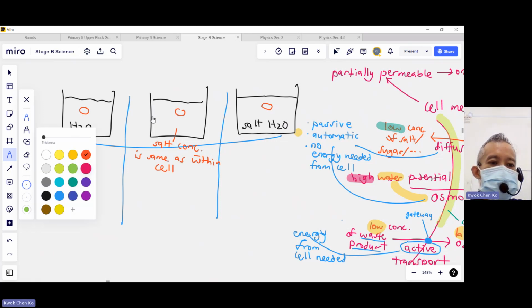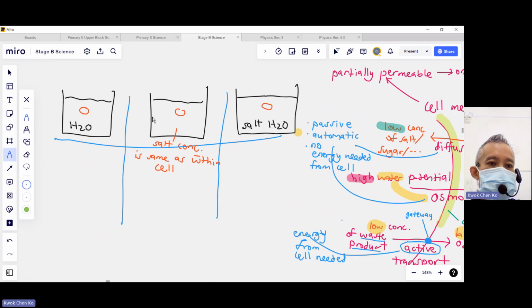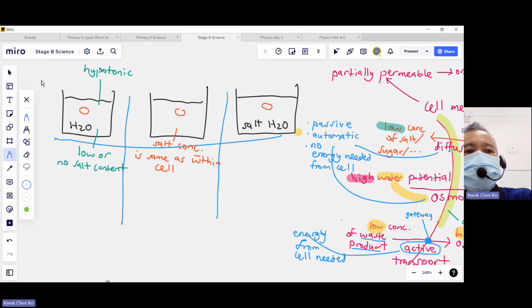So therefore, take note of these three words. This one is pure water. That means it has very low salt content. So I call this water or solution hypotonic. On the other hand, this solution has the same concentration as within the cell.